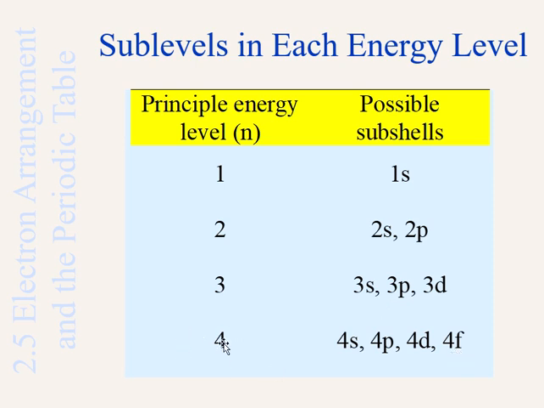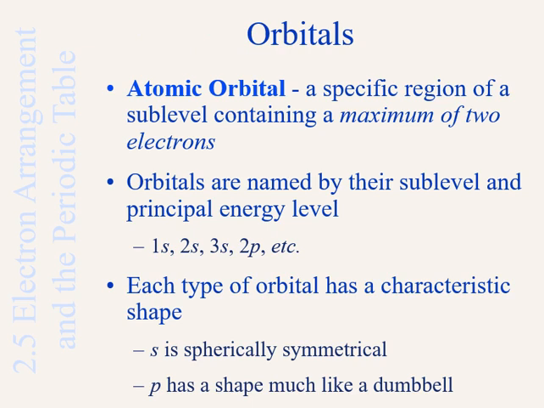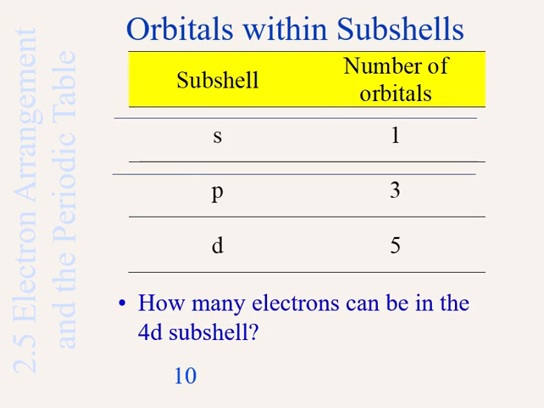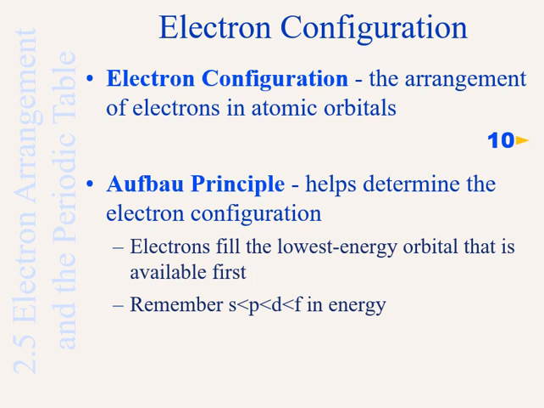And if you recall, 2n squared with n equals 4 gives you 32 electrons. So that's how we have the electrons organized between the principal energy levels, subshells and finally orbitals. Then we will look at the electron configurations, which is how we show all the electrons distributed for a given atom.